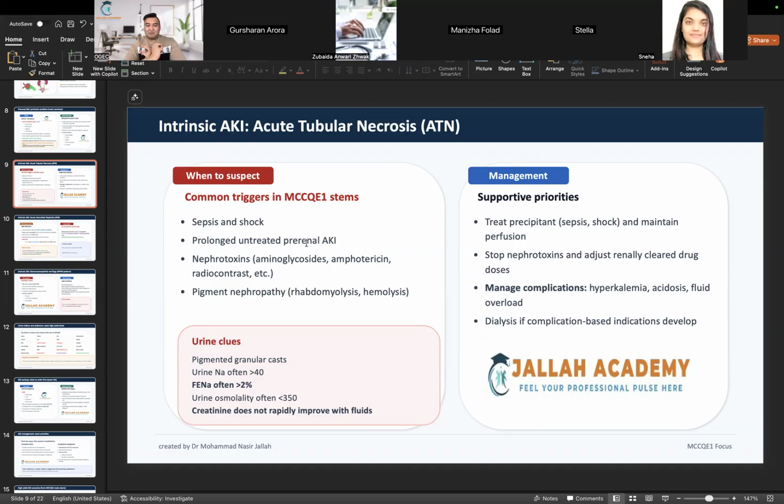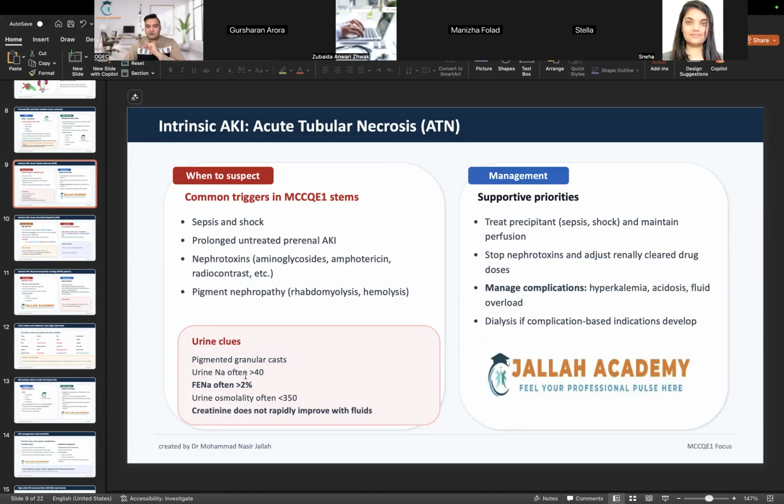And if I see the pigmented nephropathy like rhabdomyolysis and hemolysis, like RBC cast and so on and so forth. So the urine clues, if I see this pigmented granular cast, I will suspect renal acute kidney injury or intrinsic acute kidney injury.